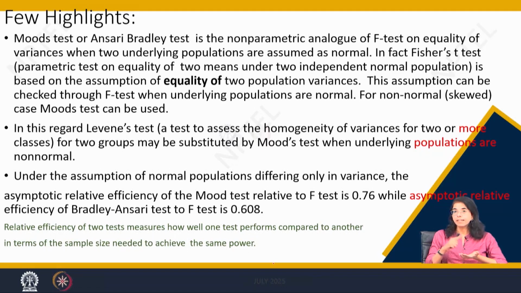Under the assumption of normal populations differing only in variance, the asymptotic relative efficiency of the mood test relative to F-test is 0.76, while the asymptotic relative efficiency for Ansari-Bradley test to F-test is 0.608. But remember, that is when you know the distributions are normal. Then the relative efficiency of mood test is 0.76, it is bigger, and Ansari-Bradley test is 0.608.